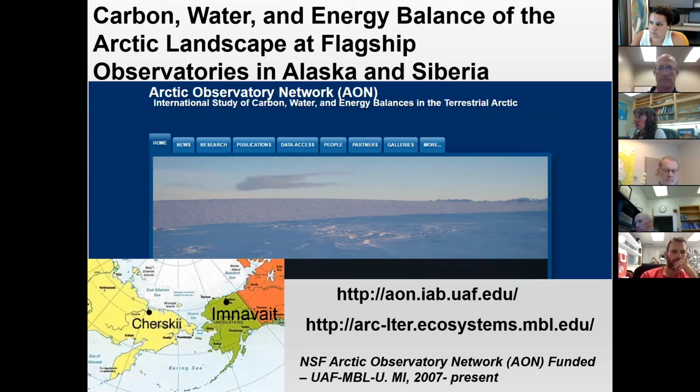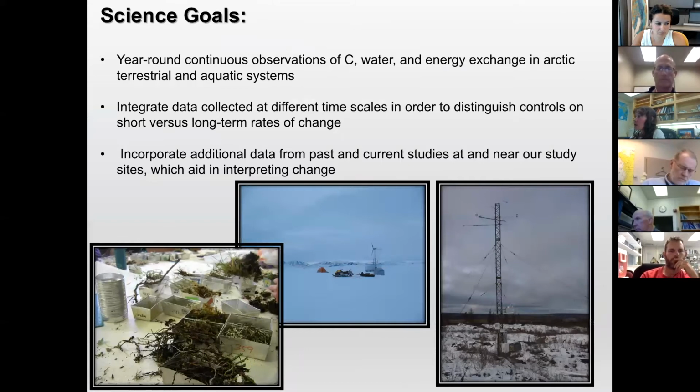And so what we've been doing in this project, a number of different goals that we've had, have been to, first of all, collect year-round continuous observations of carbon, water, and energy fluxes in Arctic, both terrestrial and aquatic ecosystems. And then think about integrating these data across different timescales and thinking about the processes that control the fluxes, the short term versus long term, and also various rates of change.